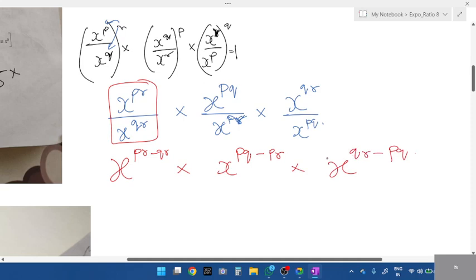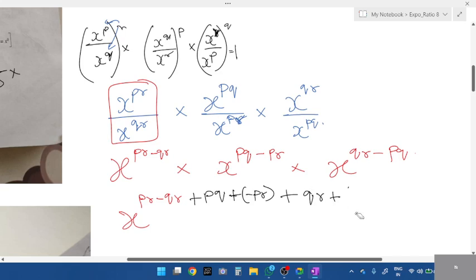All of you understood? Then, when the base is same and when multiplication is given, do you add or subtract them? Respond. We add everything, right?